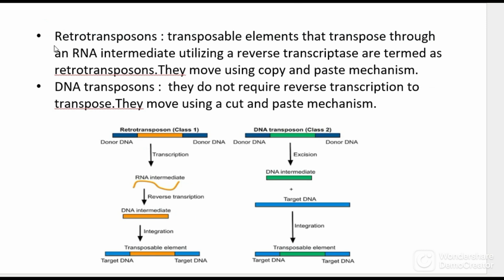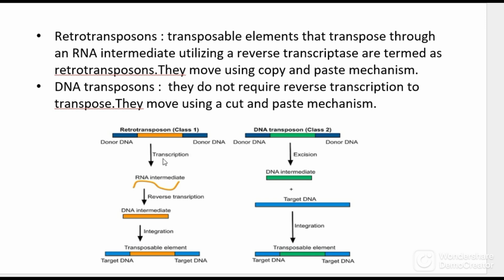Coming to the next slide, retrotransposons, or the class 1 elements, are first transcribed into an RNA intermediate, or RNA molecule. Then they are reverse transcribed into a DNA intermediate. After that they are integrated into a target DNA. But in DNA transposons, the direct excision of the transposon takes place, so that the DNA intermediate is inserted into a target DNA.